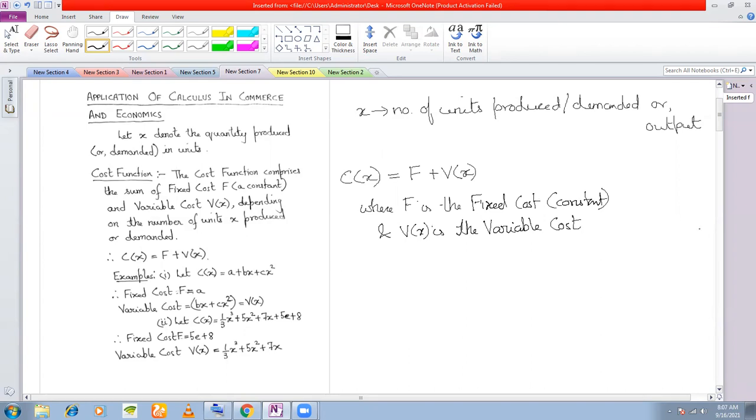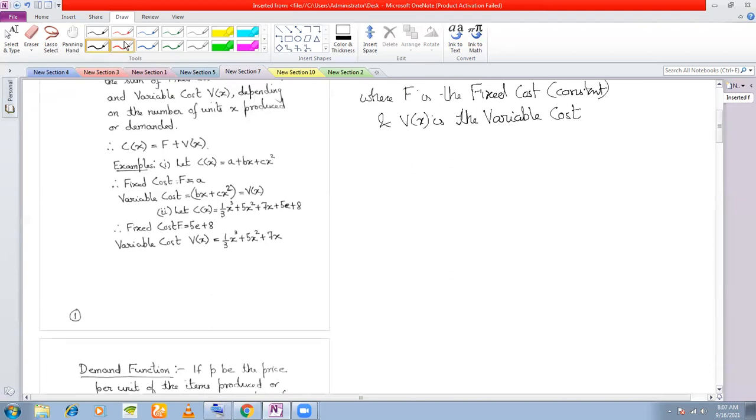Here, I've given you an example. C(x) is equal to A plus Bx plus Cx square. This is a total cost function. Here, the constant part is A, so this will be the fixed cost. Which part contains variables? Bx plus Cx square. This is your variable cost. This is fixed cost F, and this is your variable cost V(x), a function of x.